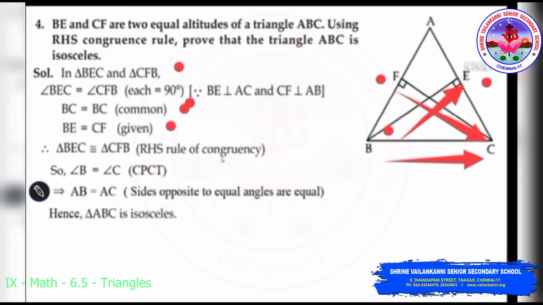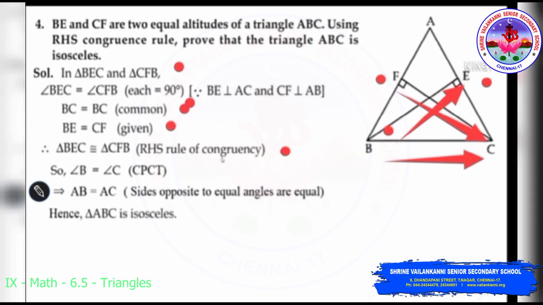So in RHS congruence, if the hypotenuse and one side of a triangle are equivalent to the hypotenuse and one side of the other triangle, then the triangles are congruent. So here I find that the hypotenuse and one side of triangle BEC are equal to the hypotenuse and one side of triangle CFB. So I can use RHS congruence here. So triangle BEC is congruent to triangle CFB.